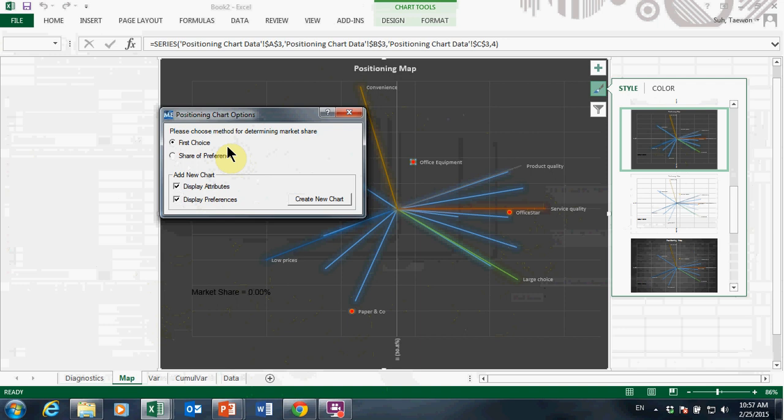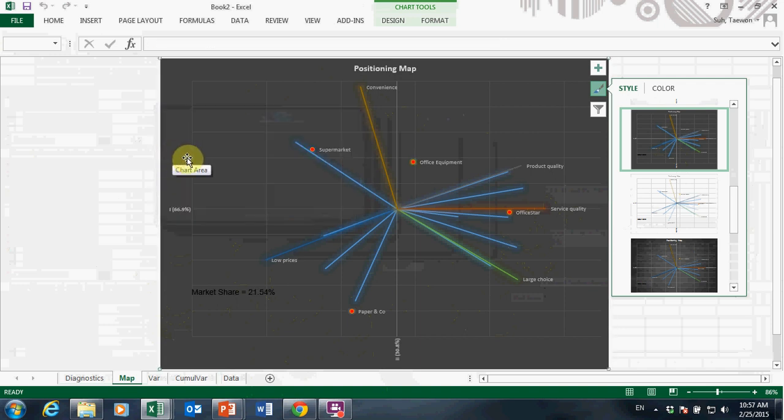So after a respondent chooses one brand, the person will not choose a second brand. But share of preference is different. Share of preference means you have different shares of preference over different brands. So you can have like 40% Office Star, 20% supermarket and 20% office equipment, something like that. So they may have different market share.